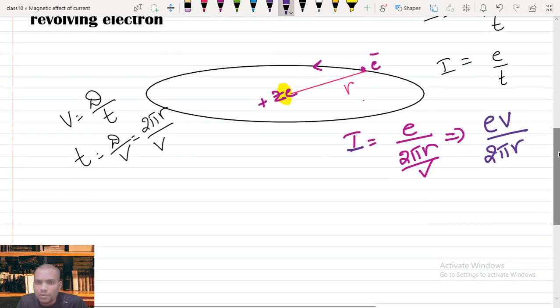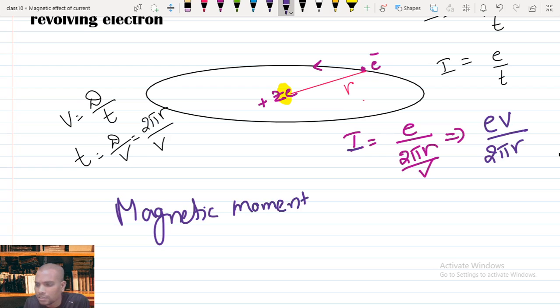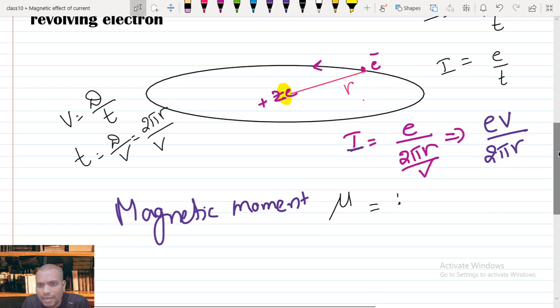Suppose we multiply, since it has area and it has current, can we define the magnetic moment here? Yes, we can define the magnetic moment. In this case we represent it with a slightly different character, mu, which equals the product of current times area.